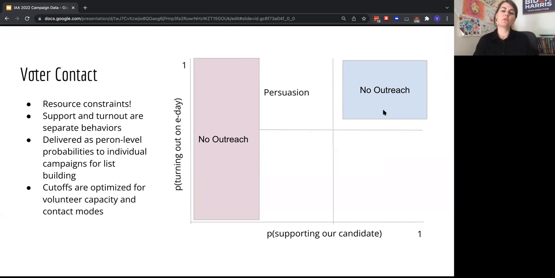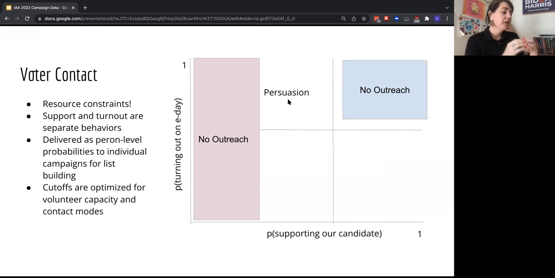What's left are people where we're not sure if they're going to support our candidate or not. And hopefully our "not sure" is somewhat correlated to their "not sure," but they are likely to actually turn out on election day. Those people are who we want to focus persuasion events on.